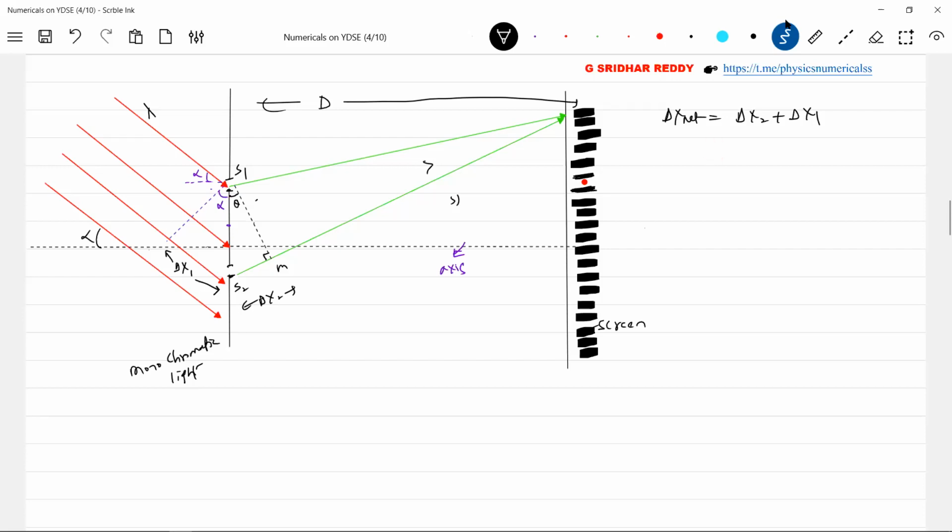So delta x2 should be equal to d sine theta, and delta x1 should be equal to small d sine alpha, from the previous problem. So I'm writing the content directly. This will be the net path difference. So n lambda equals d tan theta plus d sine alpha. What is tan theta? Y max by D.